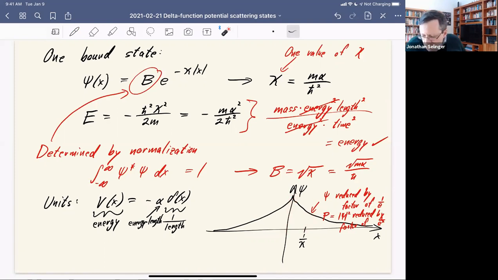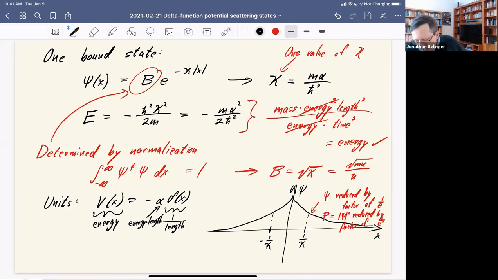So the particle is concentrated in a distance between -1 over kappa and +1 over kappa. And it would be a good homework problem or a test problem to say, what's the probability that the particle is between -1 over kappa and +1 over kappa, right?